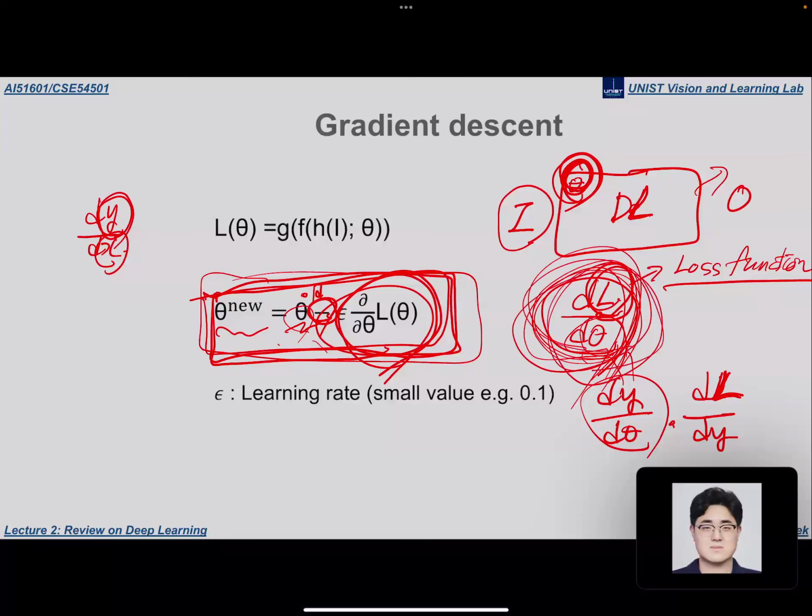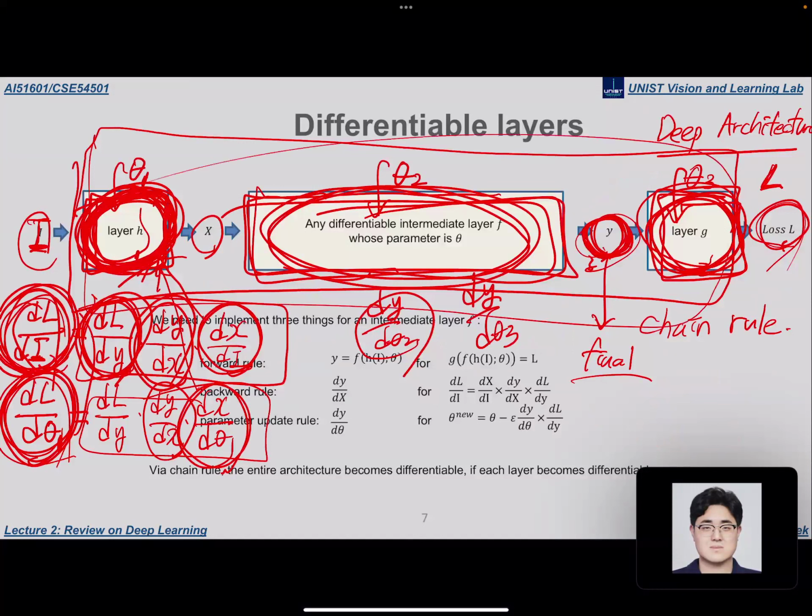And this can be obtained when the entire layers are differentiable, right? The entire network becomes differentiable when individual layers are differentiable, right? Okay. That's the important concept here.